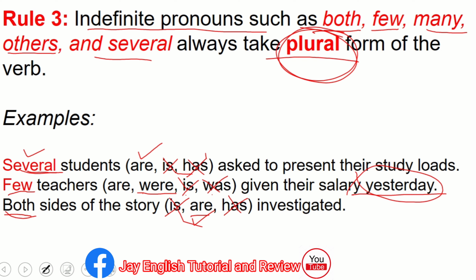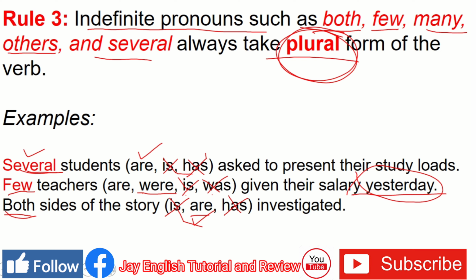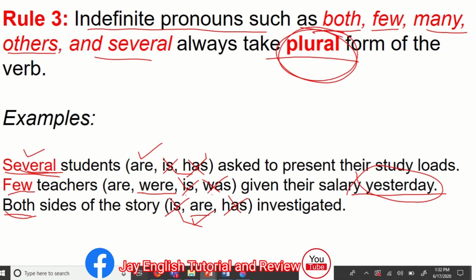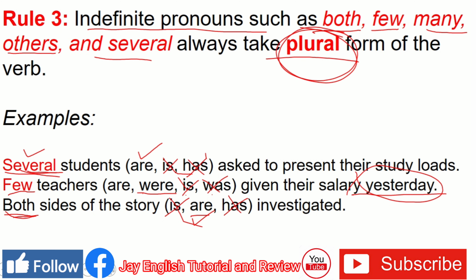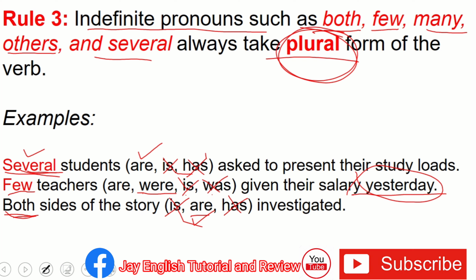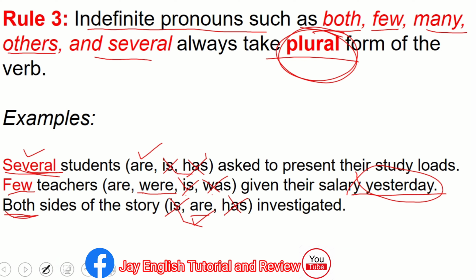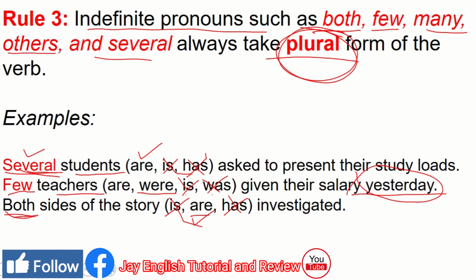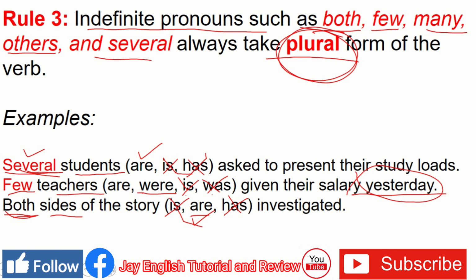Another reminder that I would like you to take note of is, if you're using several, few, both in the sentence, particularly as a subject, since these indefinite pronouns are plural, then you have to pair them also with a plural noun. Like several students, few teachers, both sides. You cannot say several student, few teacher.